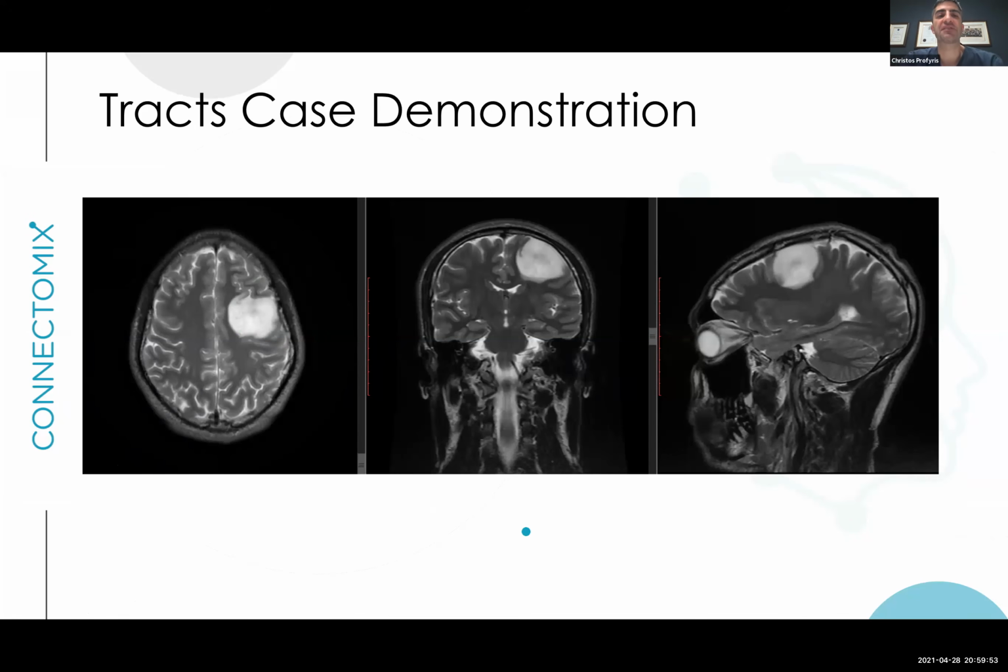Just to demonstrate the power of knowing these tracts, and it's not just airy-fairy sort of anatomical intricacies. Very recently, I've had a young guy who presented to us with a first onset seizure as an adult. On his MRI, he's got a hyperintense lesion in that posterior frontal lobe.